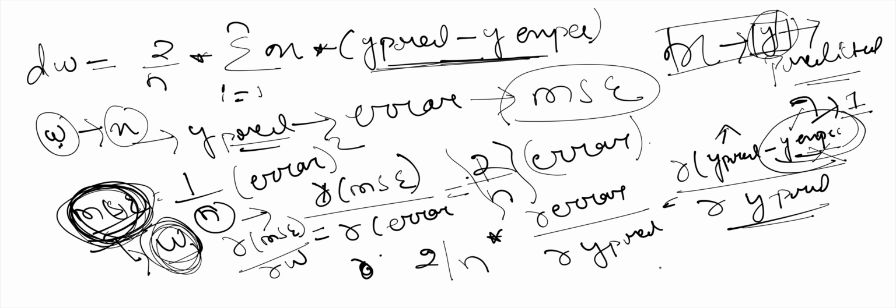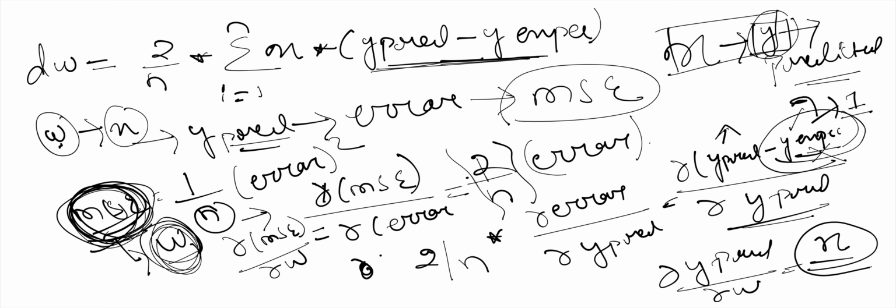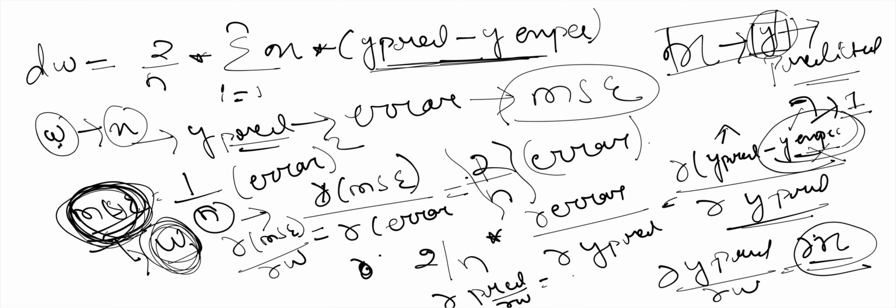So d of y prediction by d of W, and finally we reach our input X. Let me write it. d of y prediction by dW is d of Wx by dW, so that is X, correct.